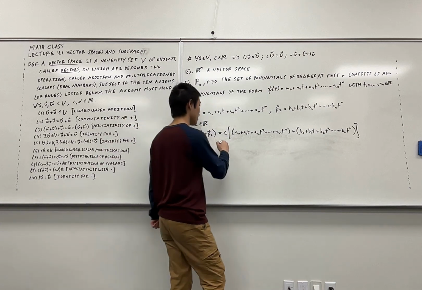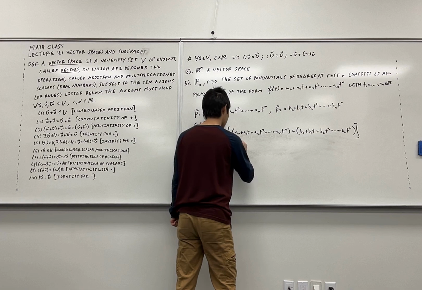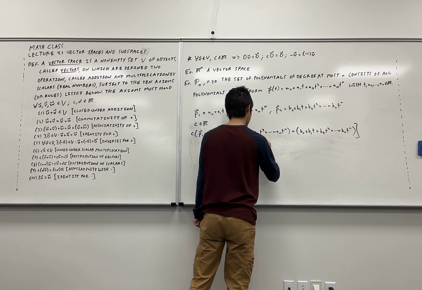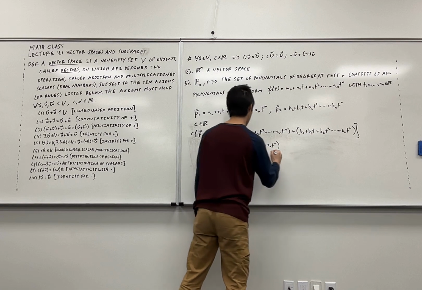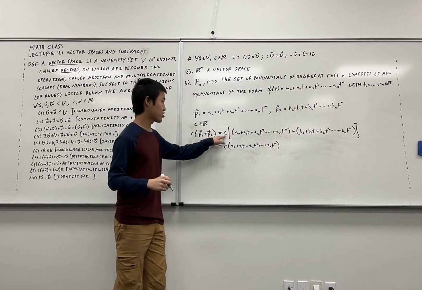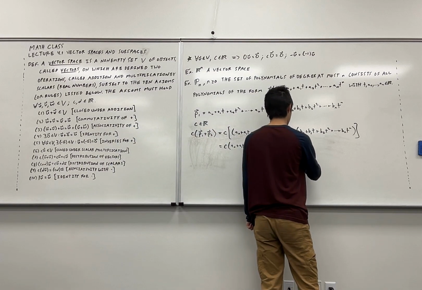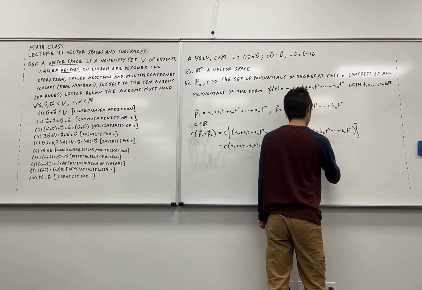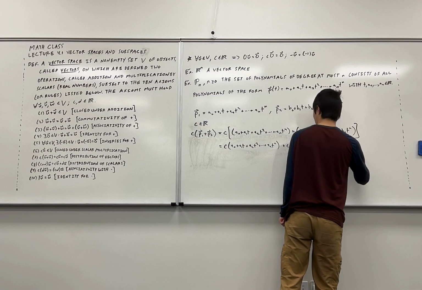So I could just do c times the a naught plus a1t plus a2t squared plus a sub n t to the n, because I know all of those are scalars. So I distribute to the first parentheses, and now I distribute to the second, plus c times b naught plus b1t plus b sub 2t squared, so on and so forth, b sub n t to the n.